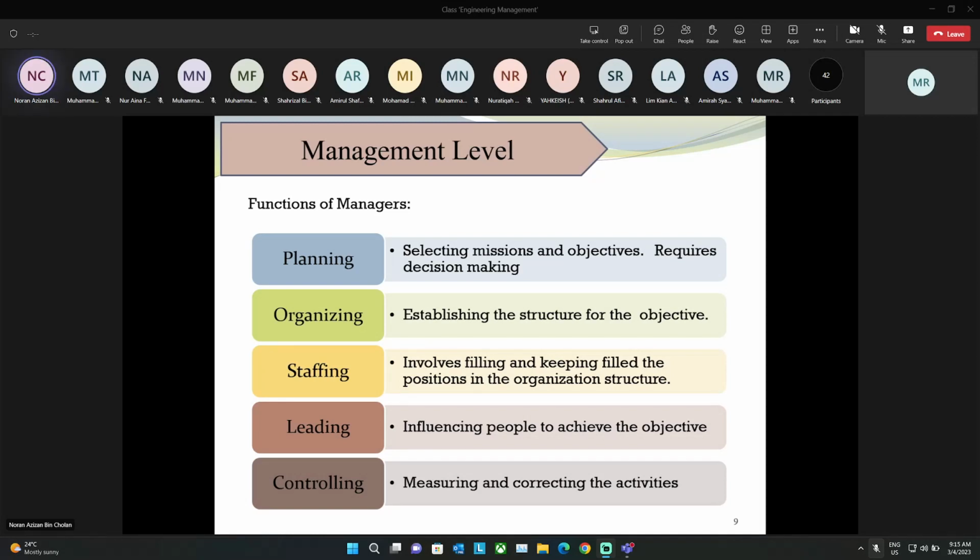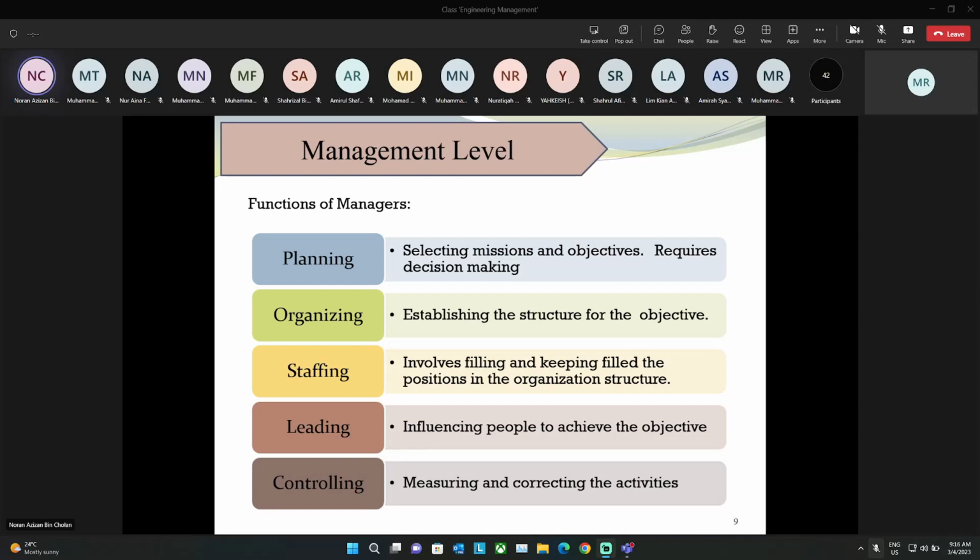Usually staffing covers how many technicians and how about the resources, for example, how many optical fibers are required. And then the next job scope is leading. What is leading, or a leader? A leader is basically influencing people to get the job done.